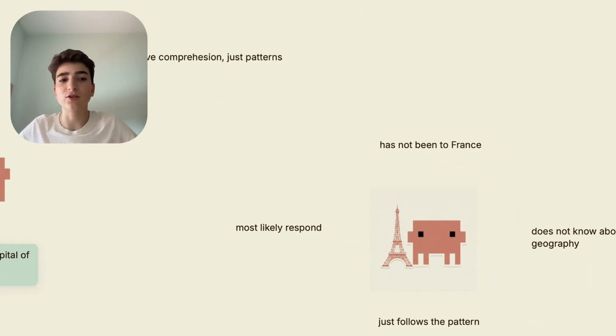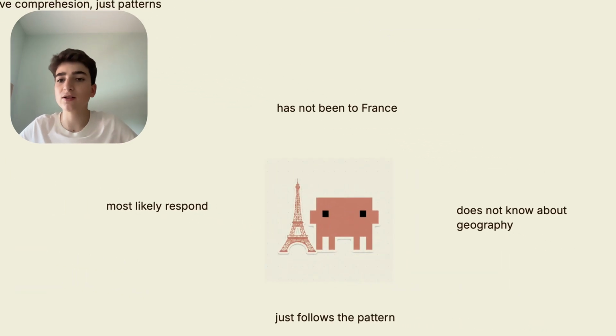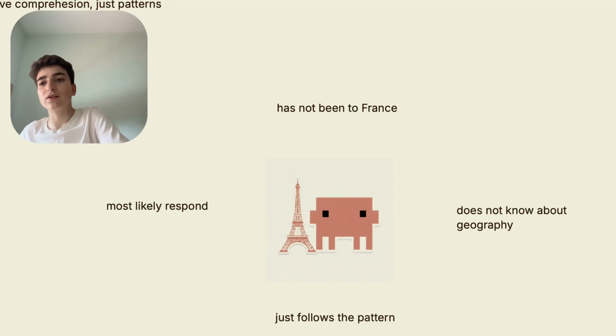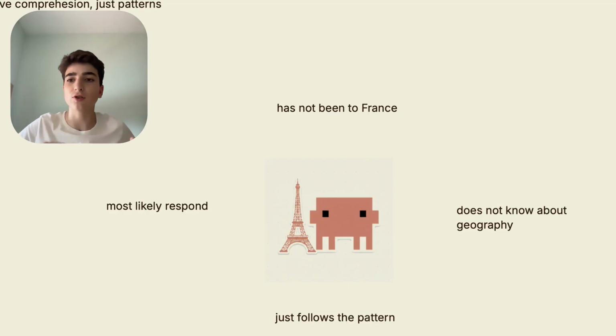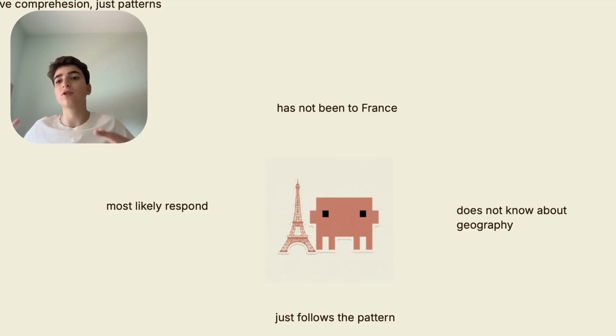But it doesn't understand, because it has not been to France, it doesn't know about geography, and it just follows the patterns. This is the most likely response to what's the capital of France. If the most likely response was Barcelona, then it would have said Barcelona. That's why it predicts, because it's the most likely response. And as this is a general question, it knows it for sure.